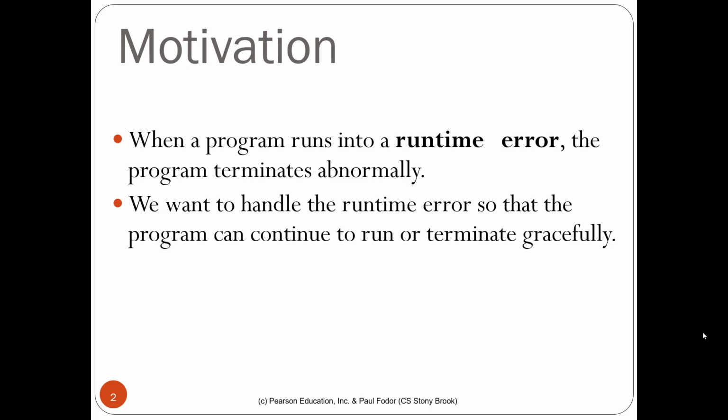The problem is not with the syntax of the program, but probably with the kind of computation that we want to do. These kinds of errors are called runtime errors, and we have exceptions. The exception handling feature of Java helps us in solving most of those issues.